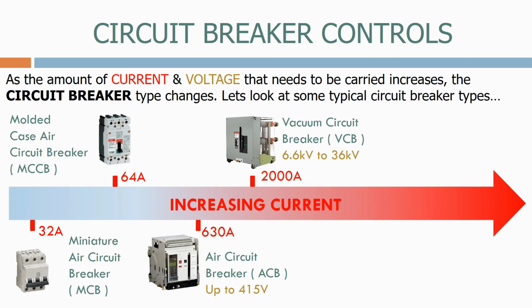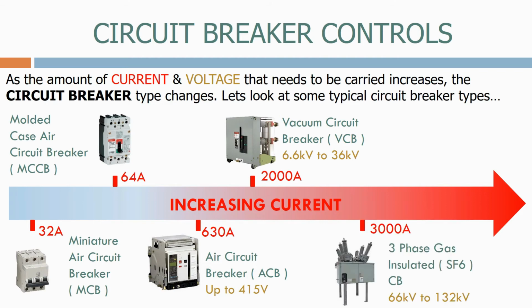Increasing the system voltage and the current now, we have the vacuum circuit breaker, or VCB. These are used on system voltages from 6.6 kV to 36 kV, and up to a current rating of 2000 amps. This is the main breaker that we use on the distribution system. Increasing the system voltage now, we have the three-phase gas-insulated, or SF6 circuit breaker.